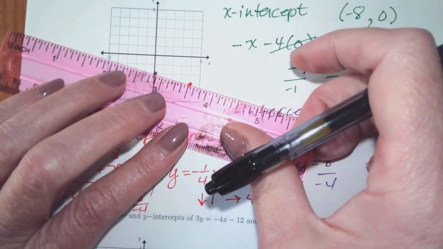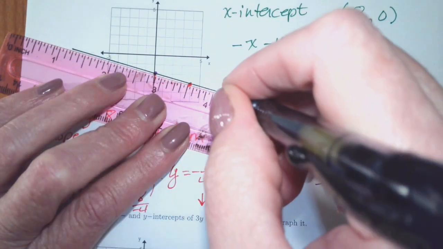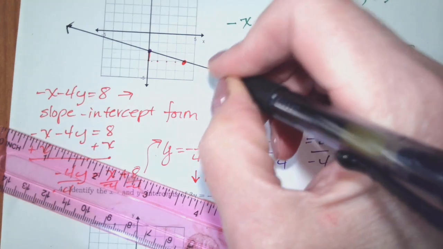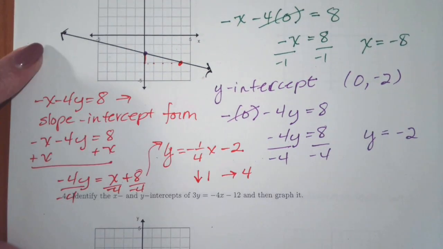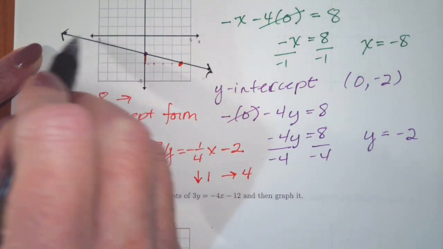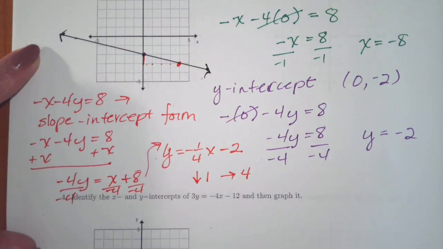So if I graph this and try to do it accurately, this makes sense because if I extend this graph, it looks like it's going to hit right at about negative 8.